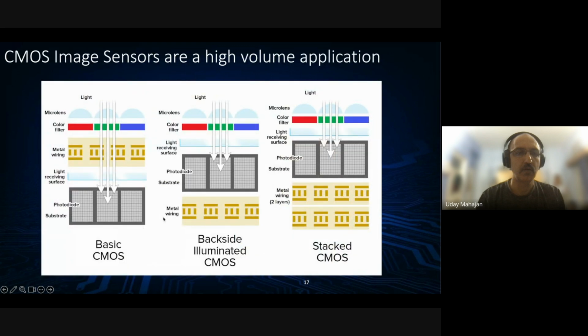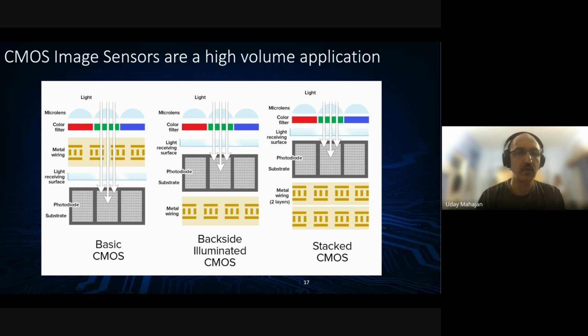Another application where TSVs have gained adoption is CMOS image sensors, right? So it's a very interesting technology. This slide here shows the evolution from old first generation CMOS to backside illuminated CMOS to stacked CMOS, which is what uses TSVs. So you can see that in the olden days, the light receiving substrate was below the metal wiring, which essentially constrained the quantum efficiency of the CMOS sensors.